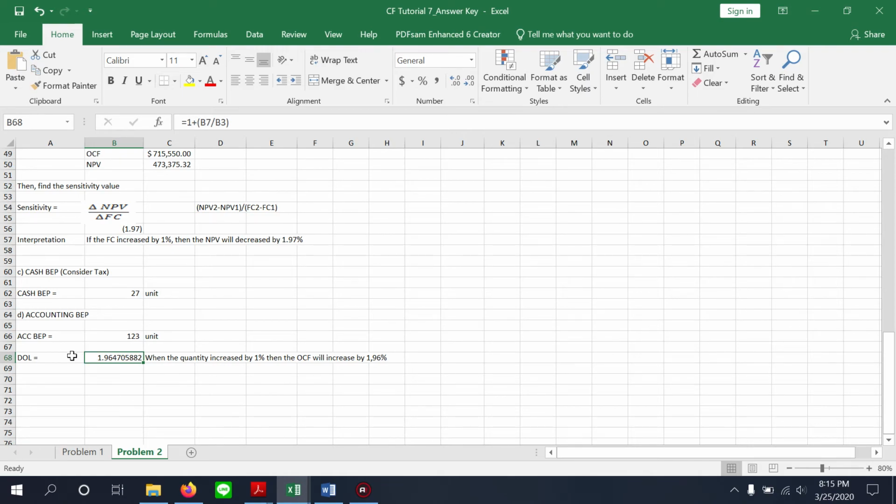And here you can see the degree of operating leverage is the same formula: 1 plus fixed cost divided by OCF. In this case, it's 1.96. What this tells you is that when the quantity increases by 1%, OCF will increase by 1.96%. The reason is that your quantity affects your revenue directly, and the more fixed cost or the more assets you have, the more it will increase greatly.